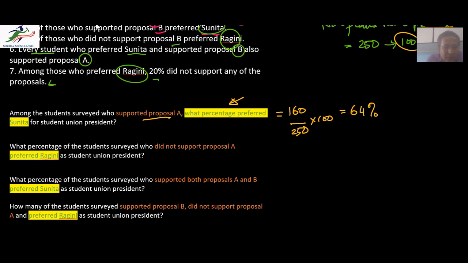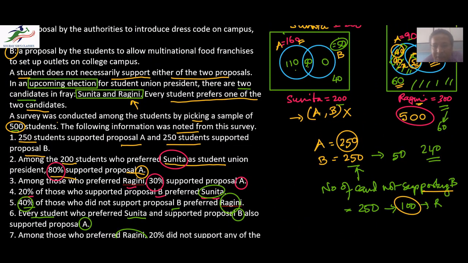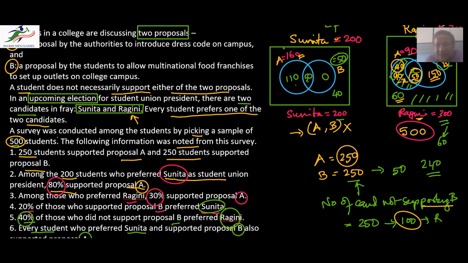Next we go to the next one. What percentage of students surveyed who did not support proposal A preferred Ragini as the president? So did not support proposal A means again 250, and out of that supporting Ragini means this 150 plus 60 who is not supporting proposal A but supporting Ragini.